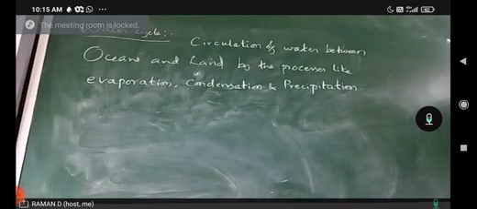So, water will be moving in a cyclical manner from oceans to atmosphere, from atmosphere back to the land, and from land again moving to the oceans, right?